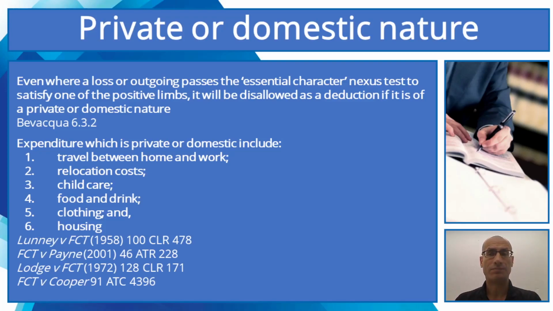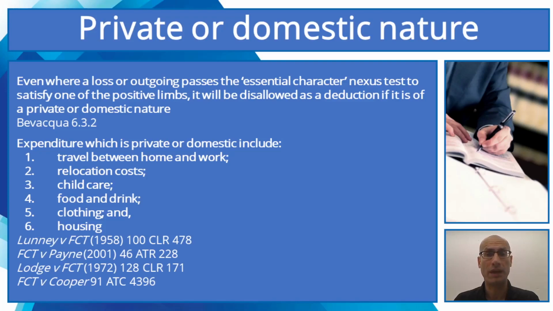So functionally, the areas or types of transactions that the courts look at and that they've determined to be private or domestic in nature are travel or travel expenses, where one of the ends of the particular travel is home, a residence. Another thing they look at is relocation costs.